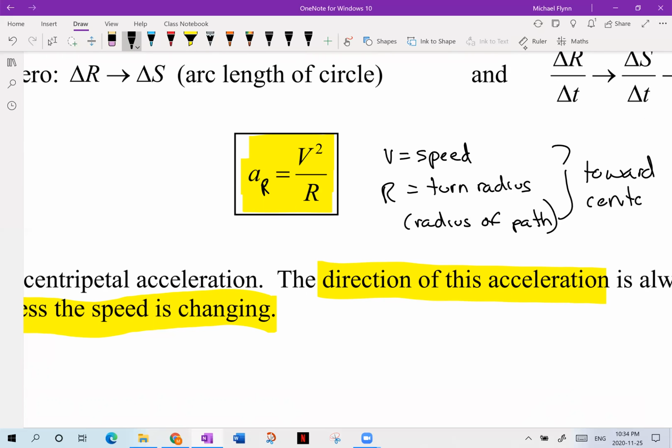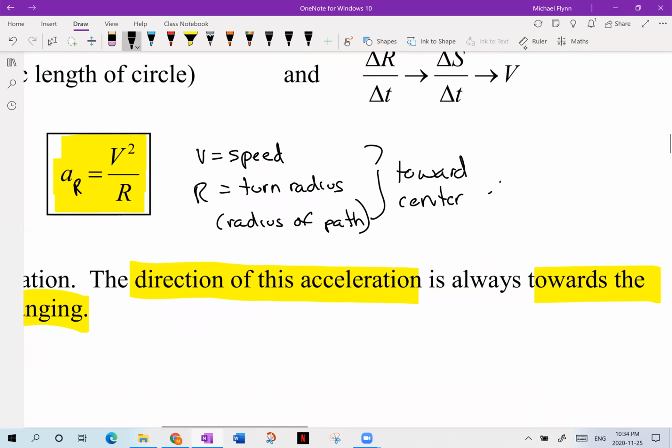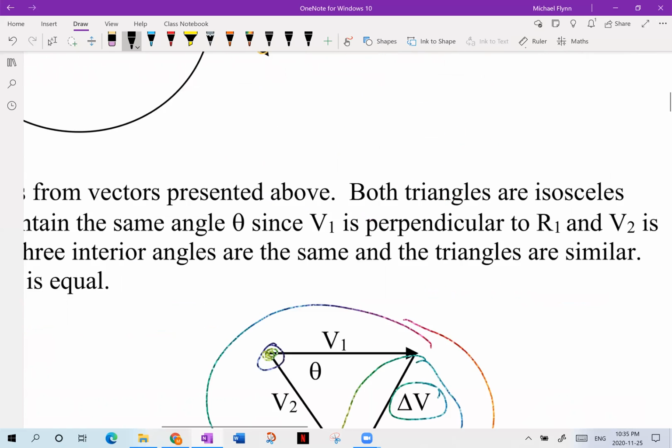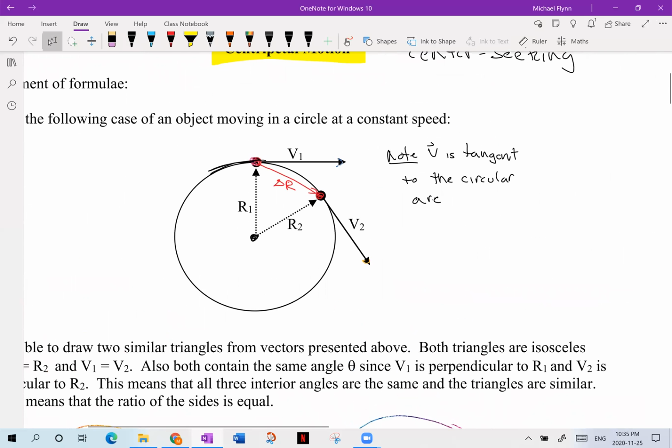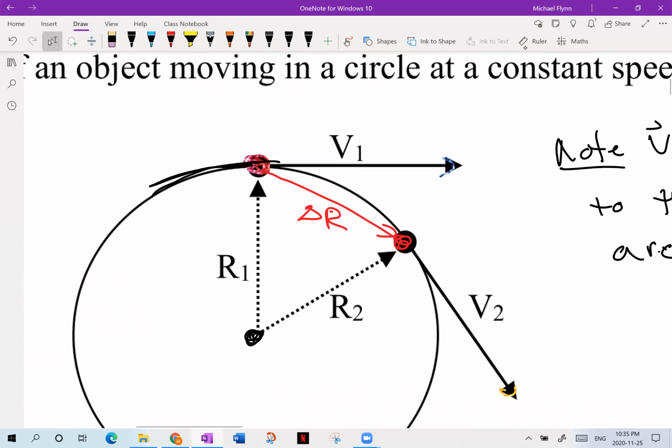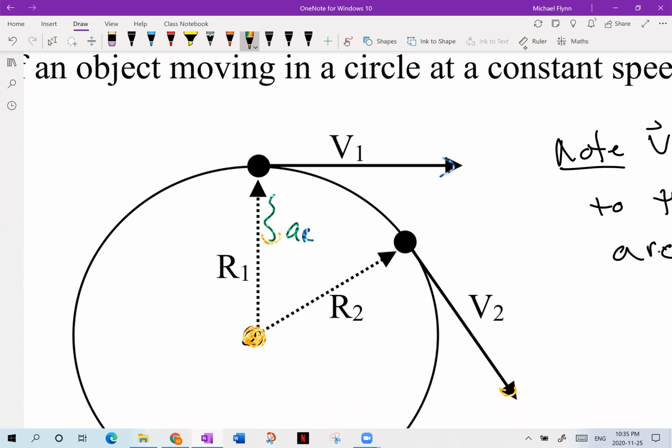And that's why I call it radial, because if we go back up to our circle, let's say the object's at 12 o'clock. Let me erase some of this nonsense here. If the object's at 12 o'clock, well, the center of the circle is directly below it. I'll use a rainbow for the center. Here's the center. The object will actually be accelerating towards the center here.